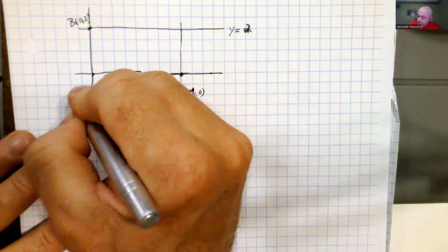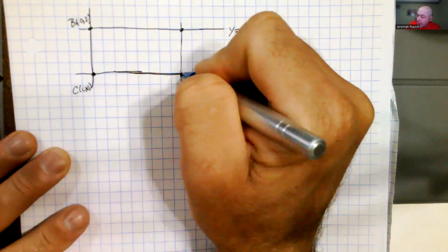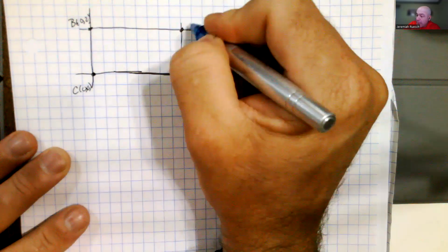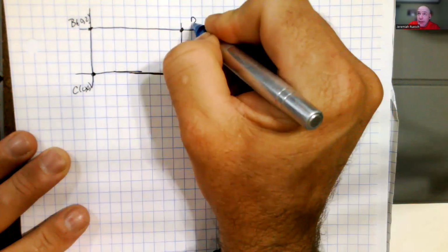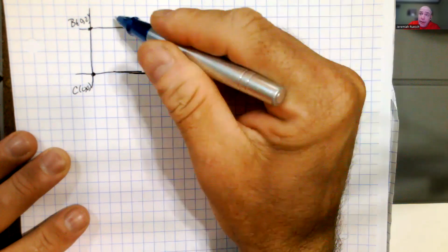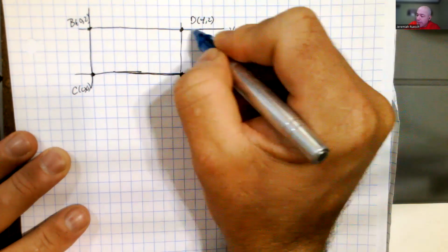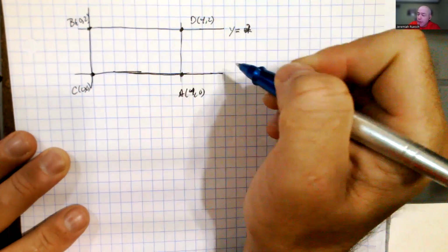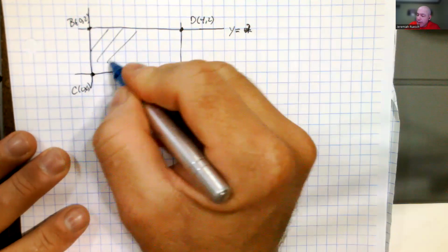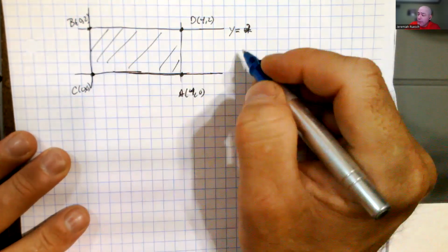This point here was c, which was 0, 0. And this point here is the new one. We'll call it d, and that's going to be the x coordinate of a and the y coordinate of b. So it'll be 4, 2. Okay. And so the graph here is for y equals 2. So the area I'm going to ask you to find is this shaded region. So what is the area?